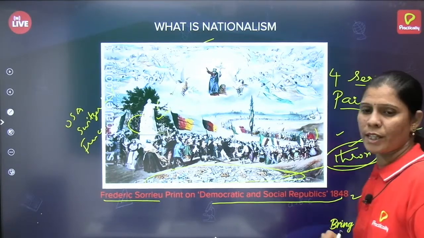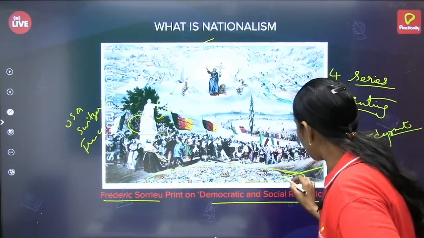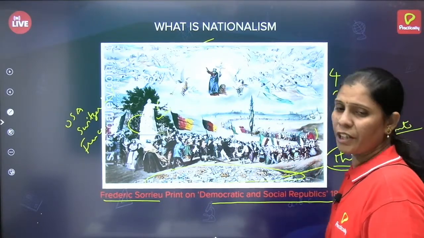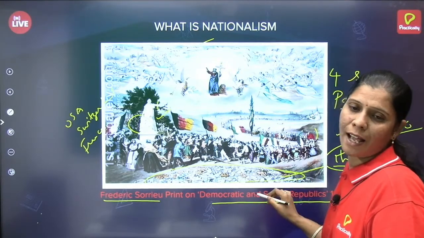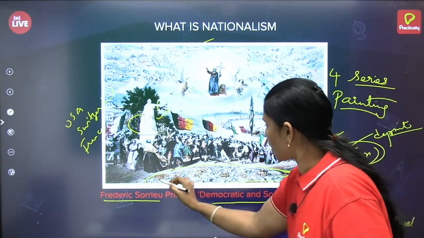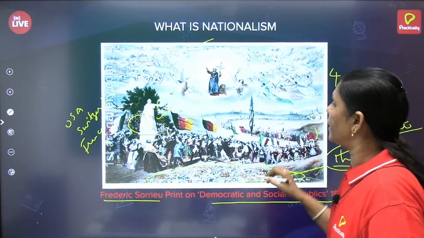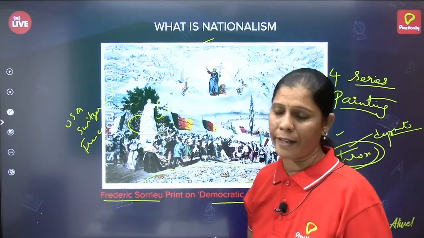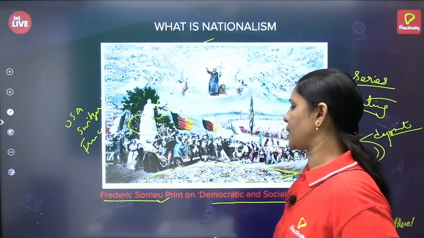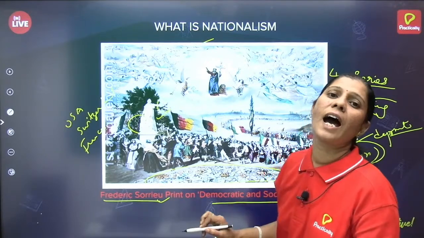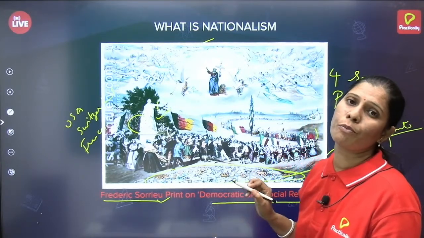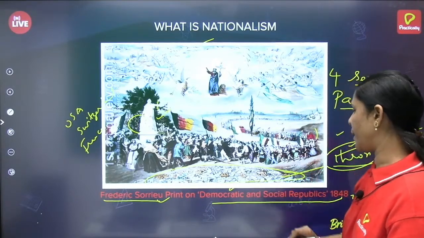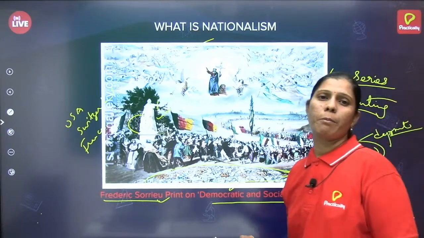The painting shows crowns that have fallen down and a new era beginning. It is a dream of a worldwide community. Frederick Sorrieu described this painting as his worldwide dream, of democratic and social republic countries.